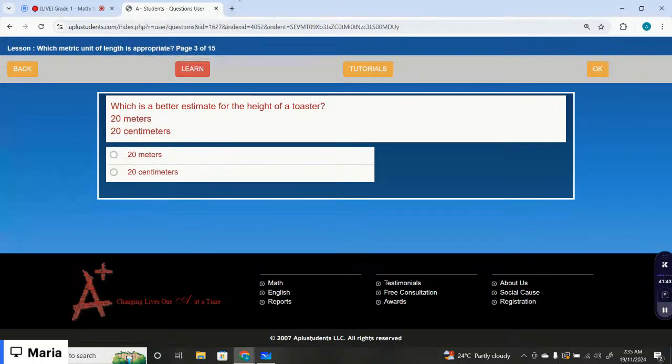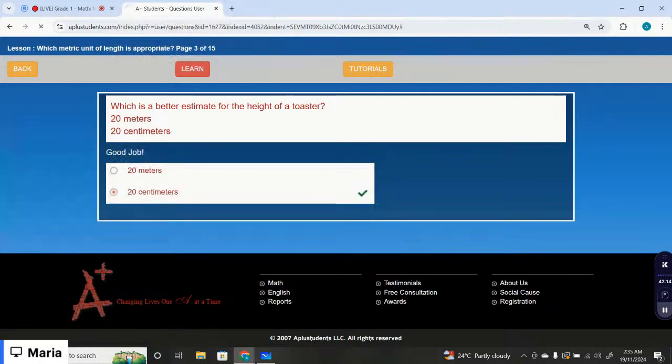Which is the better estimate for the height of a toaster? The height of the toaster must be 20 centimeters. Option number two is the correct option.